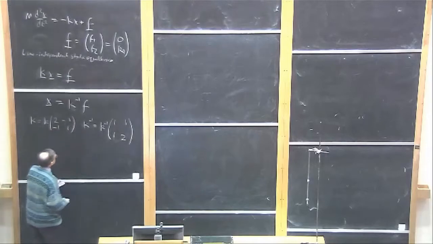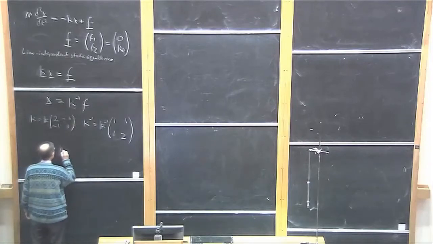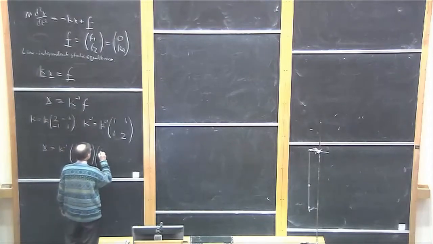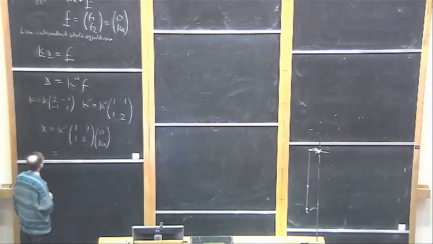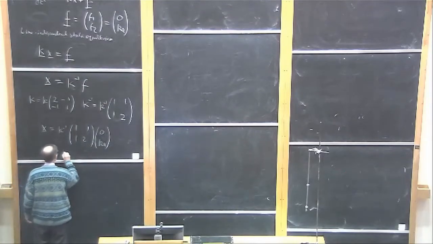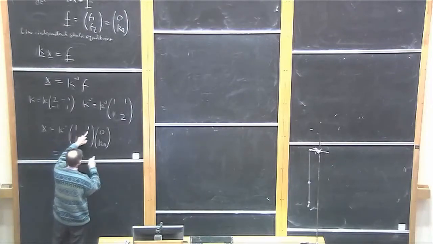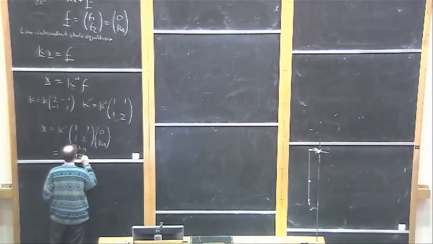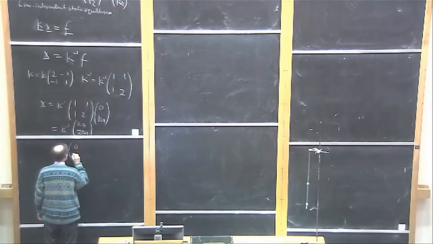So x is K inverse (1, 1; 1, 2) times (0, Ka), which is K inverse times (Ka, 2Ka), which is (a, 2a).